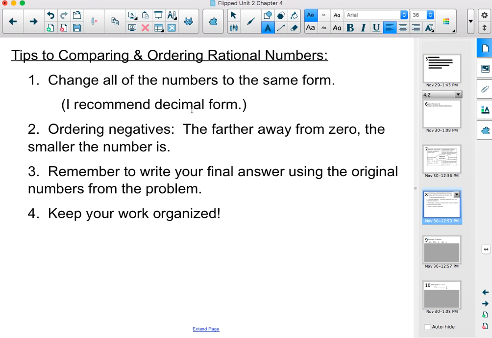Remember, too, with ordering negatives, the farther away the number is from 0, the smaller it is. So if you think about the number line, if it's farther down the number line, it's going to be the smaller negative number. Third tip, remember to write your final answer using the original numbers from the problem. That's a big one. And tip number 4, keep your work organized.